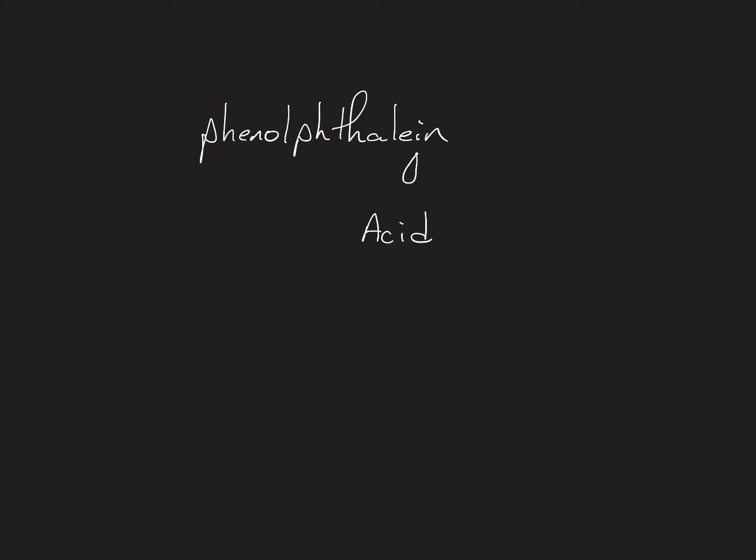It's clear. Now, I made a mistake in the previous version of the prelab and I put it into the base. Don't put it in the base. In acid, it's clear. So it stays clear. You don't know what the concentration of the acid is.